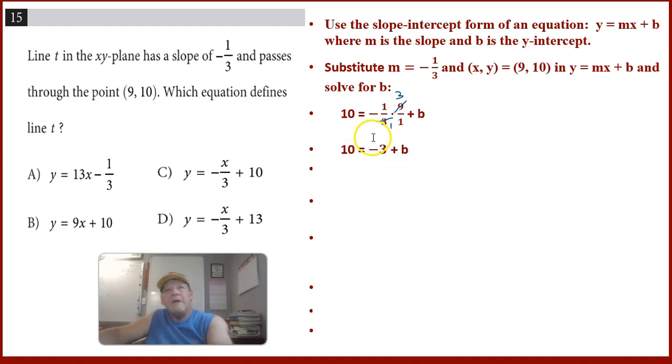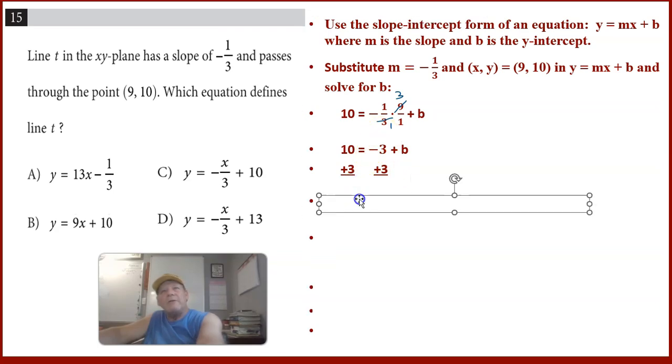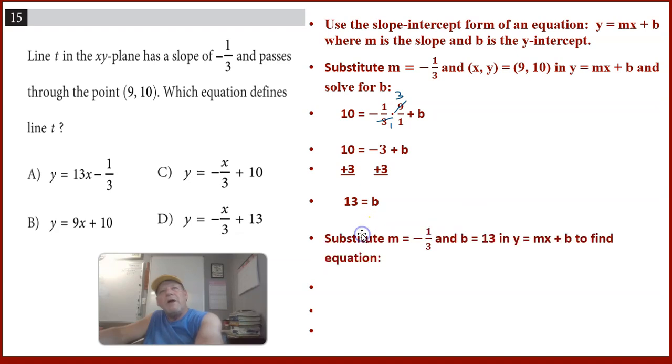So I just rewrite that. So 10 equals -3 plus my b. I'm going to use the addition property of equality to add 3 to both sides. It crosses out on the right. I get 13 equals b. So now I have my slope of -1/3, my b of 13, and I substitute this in.